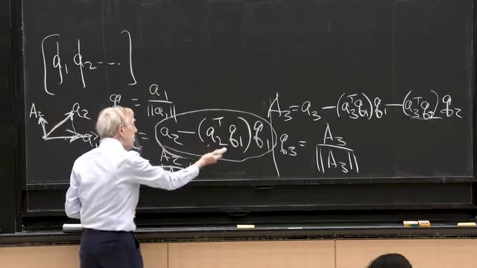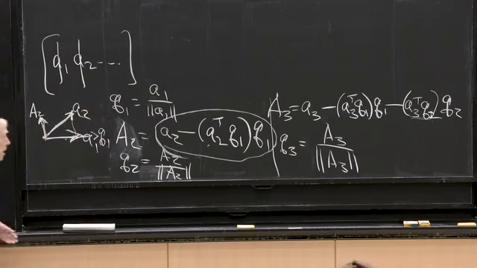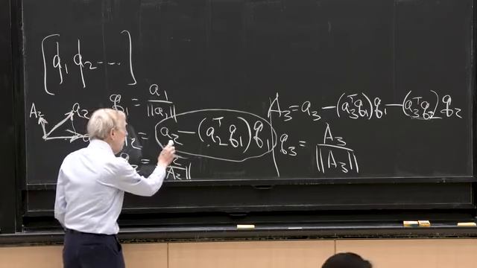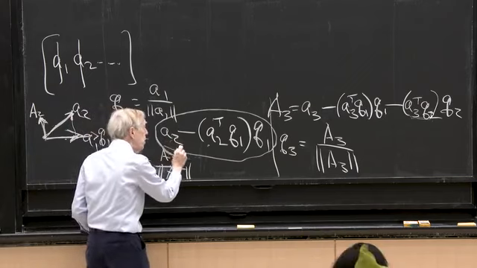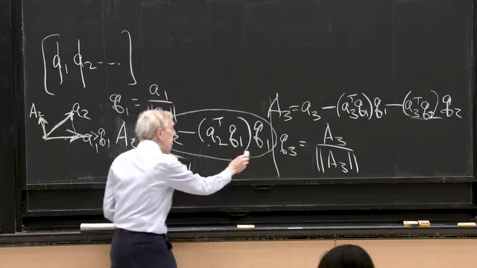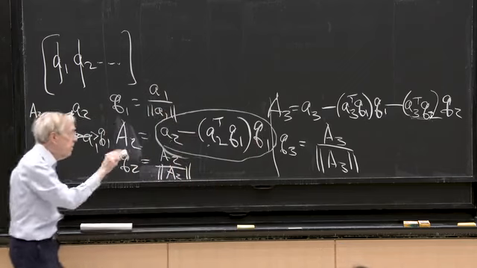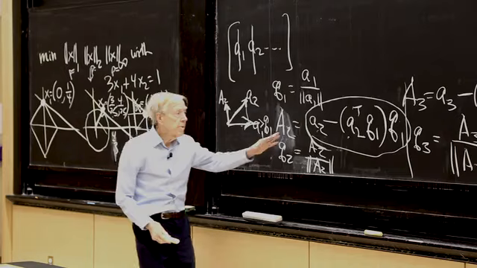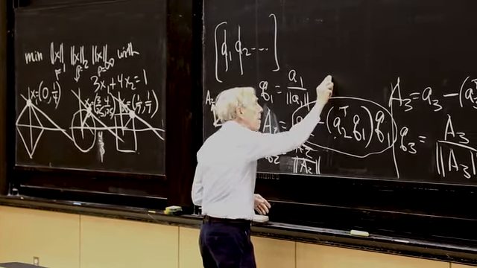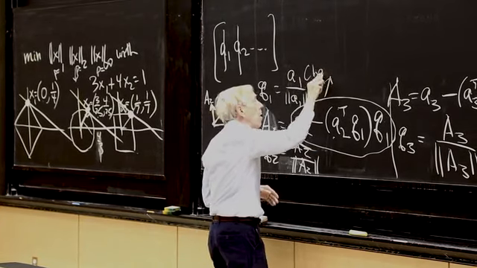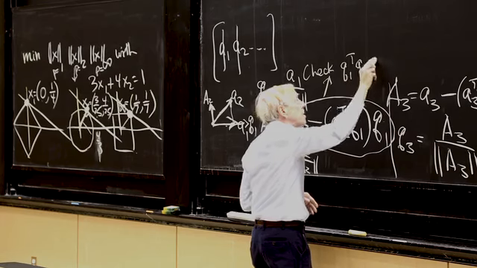So is it obvious that it is? Take the dot product of that with Q1. What do you get? You get this same number, Q1 transpose A2. And over here, you're getting a Q1 transpose Q1. So you see what I'm doing? I'm checking that Q1 transpose A2 is 0.